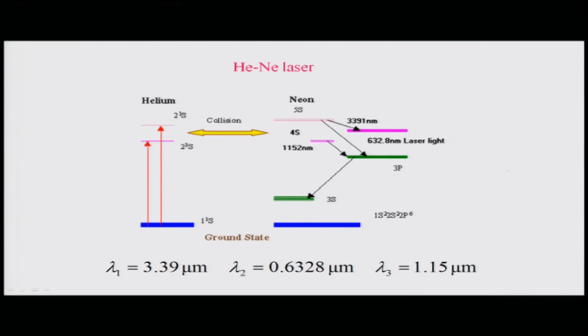Here it goes through collisions into the neon system, and through this principle we are able to get lasing. The first lasing, however, was shown at 1152 by Meinman, whereas today the one more typically used is 632.